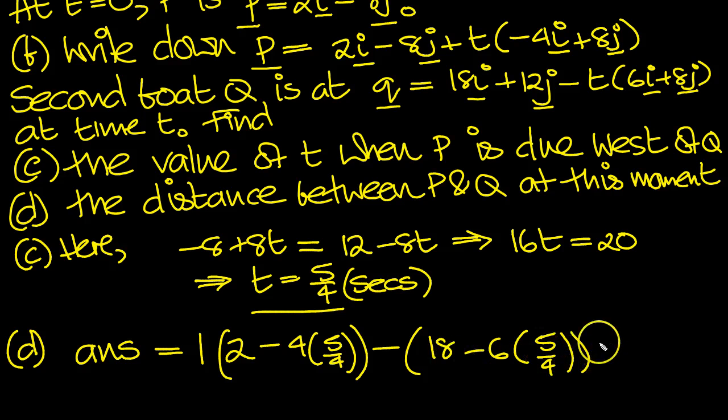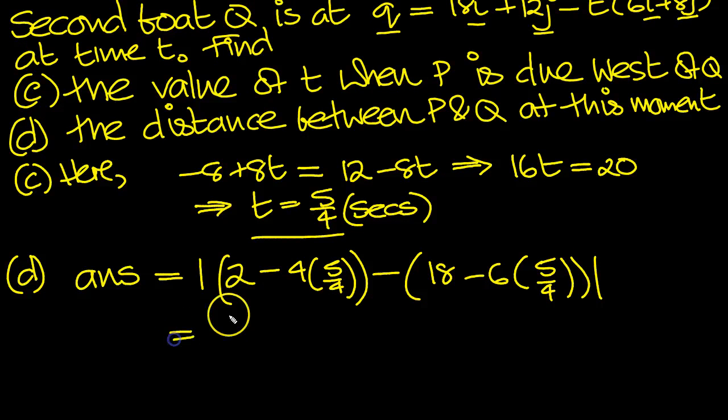And that's the difference between P and Q. So it was the P coordinate, 2 minus 4t, take away the Q coordinate on i, 18 minus 6t. There we are, that's the difference. Modulus of that. So 2 minus 5 is minus 3. The 4's cancel, and 6 over 4 is 3 over 2.